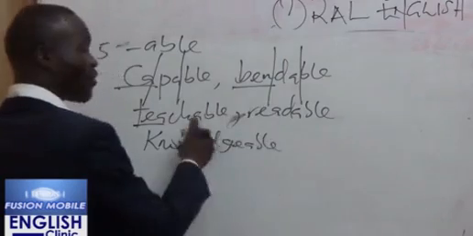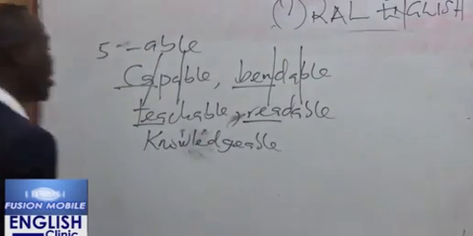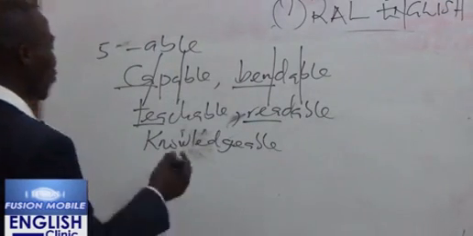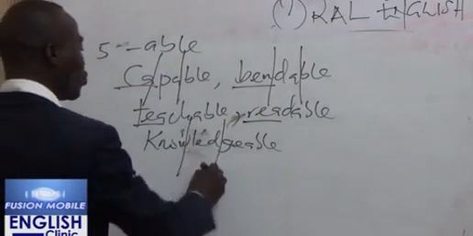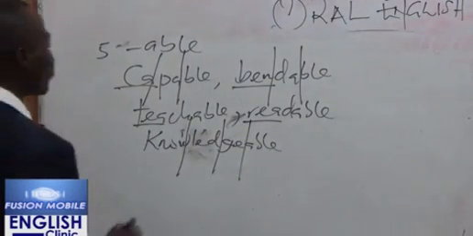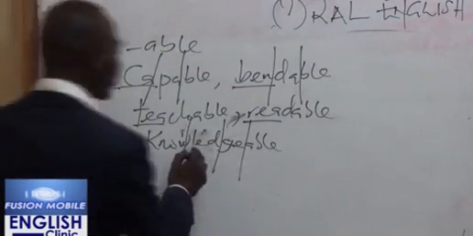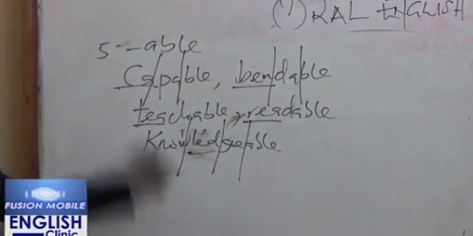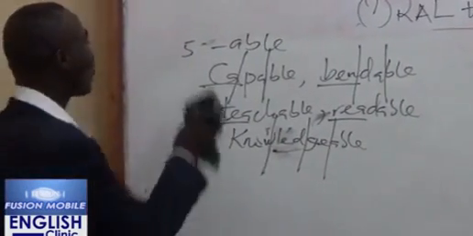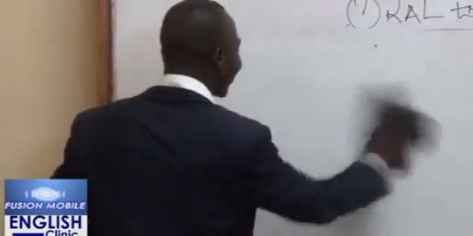Readable, the third from the last syllable is read. And knowledgeable, if you transcribe that, you have 1, 2, 3, 4. So what is stressed? That's third from the last syllable, that's le. So that is that on word stress.